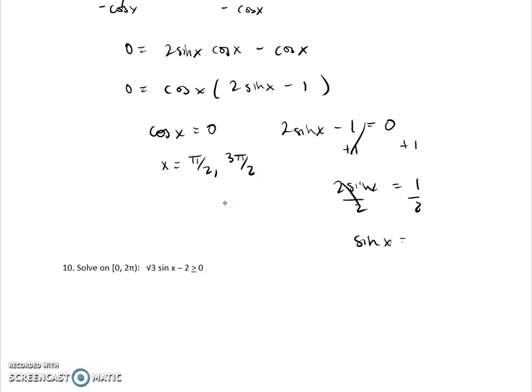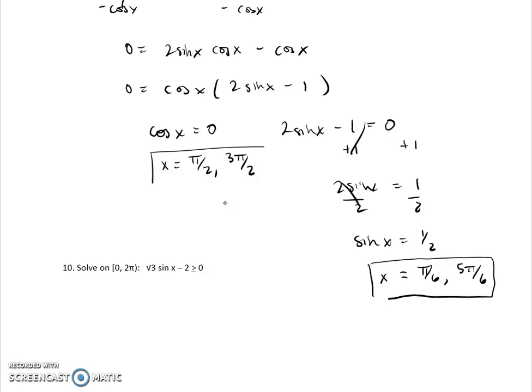And we're looking for sine x is equal to 1/2. So again, you look at your unit circle, or you might even remember these by now. That's going to be pi over 6 and 5 pi over 6. I am not looking at a unit circle, so you guys check me on that one.